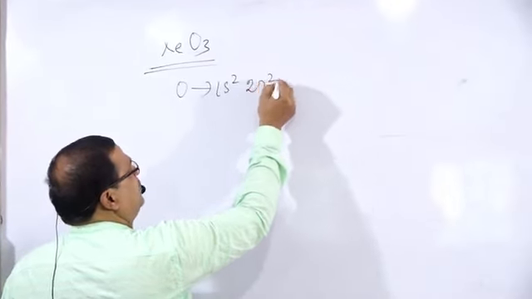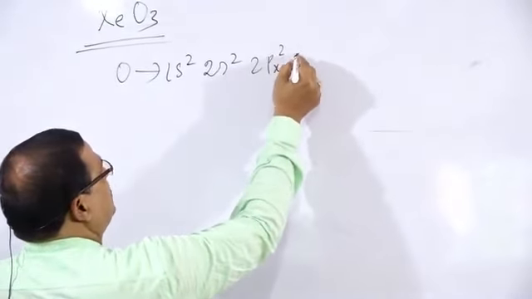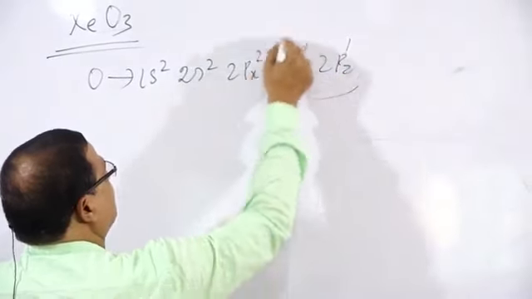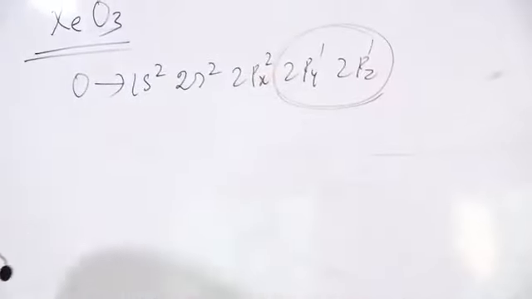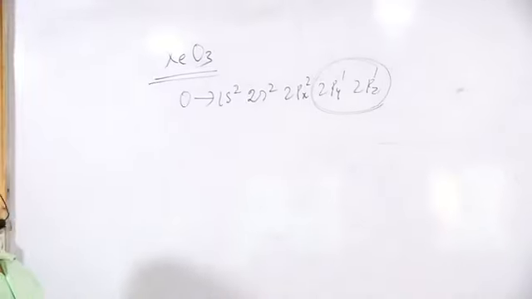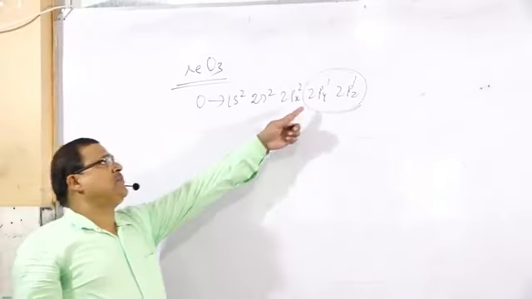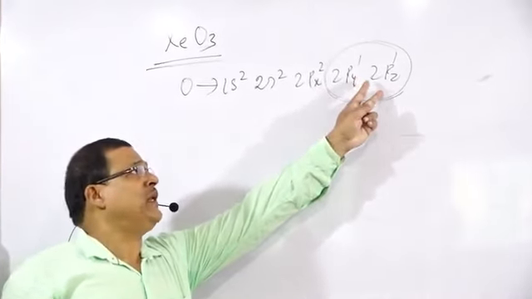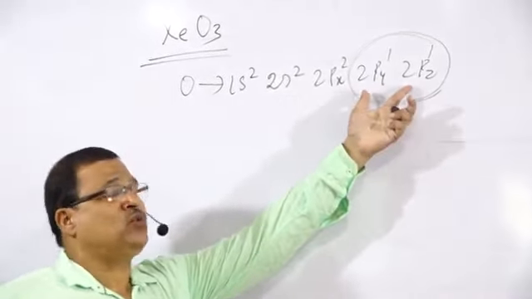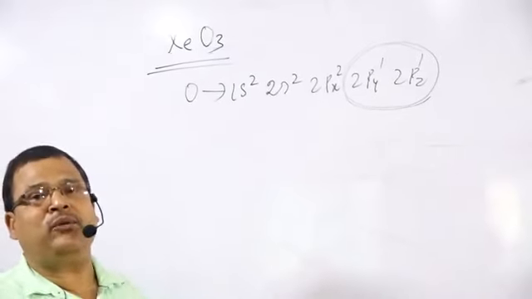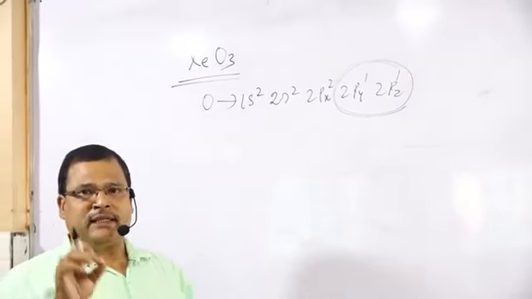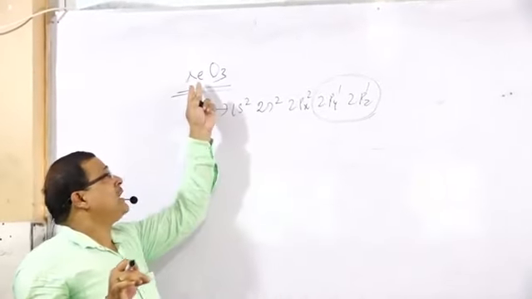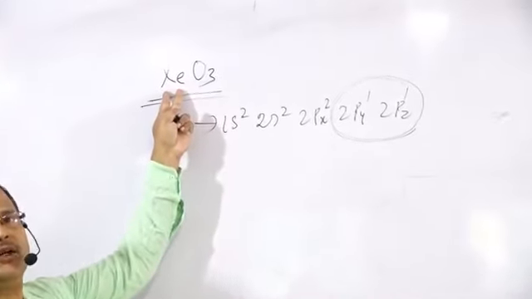For example, oxygen: 1s2, 2s2, 2px2, 2py1, 2pz1. These 2 electrons, 2py1 and 2pz1, are responsible for the formation of bonds. These 2 orbitals are mutually perpendicular to each other, and they will form bonds with the same atom, xenon.